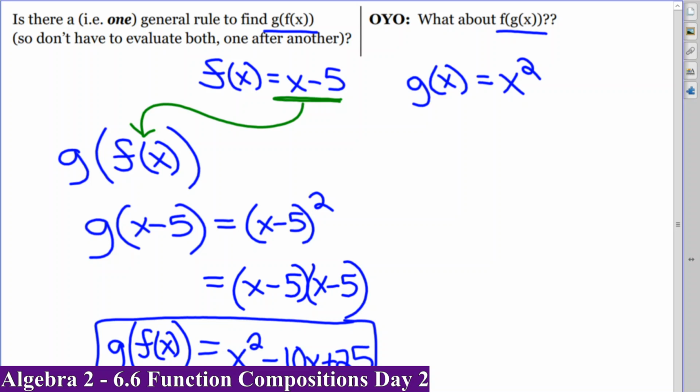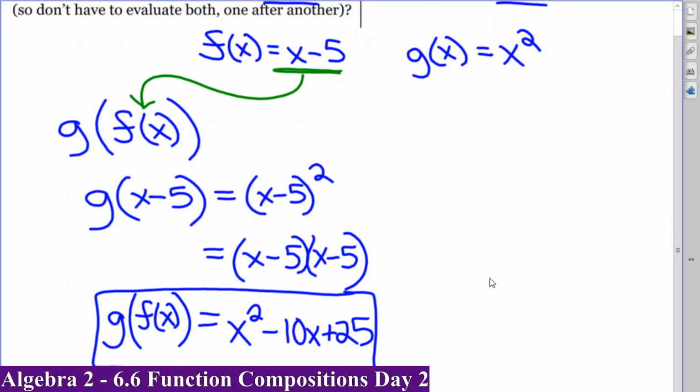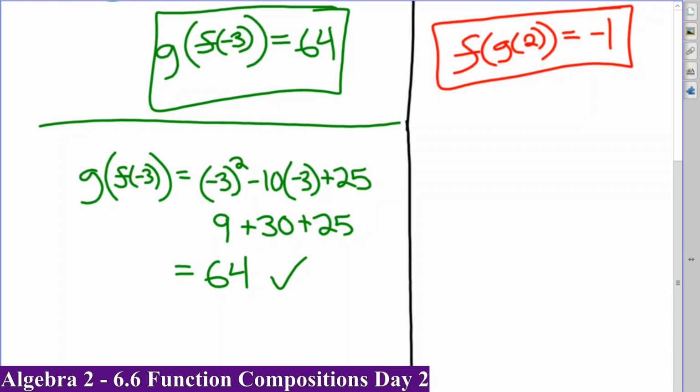Okay? And I actually can double check to see if my answer is correct pretty quickly. If I go back up to parts A in the previous two problems, I can apply that equation, or plug in those values, to see if I get the same output. So let's say I did it to part A in the first one, g of f of negative 3.